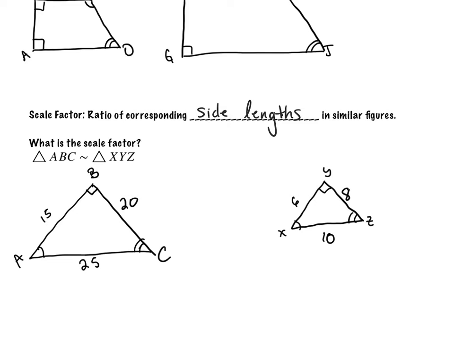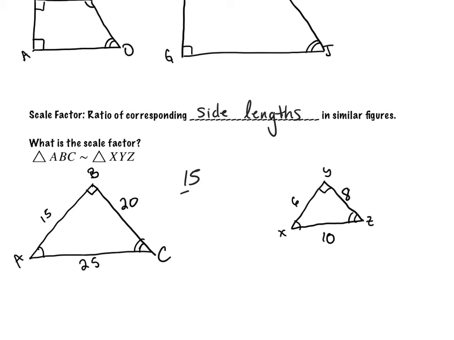So if I look here, they tell me that ABCD is similar to XYZ. When I want to find the scale factor, I need to look at the side length from ABCD. It doesn't matter which one you pick.